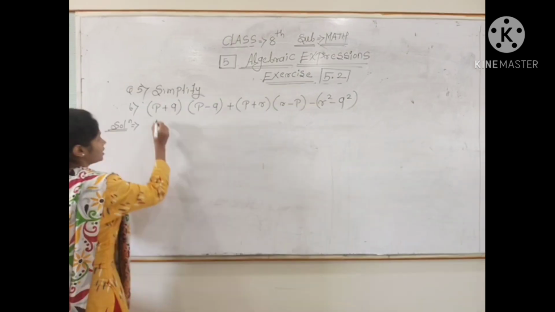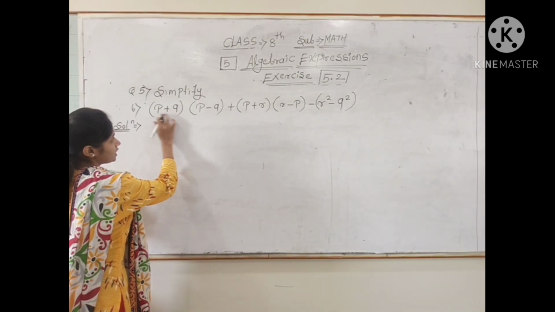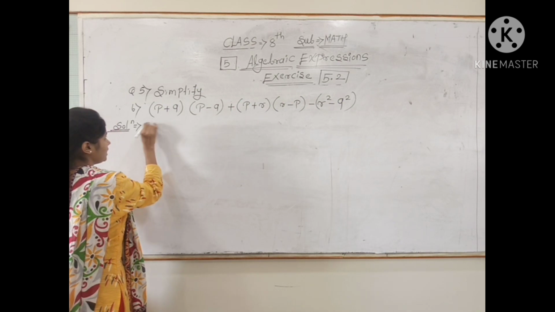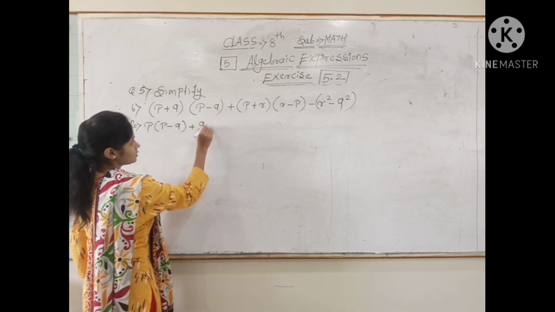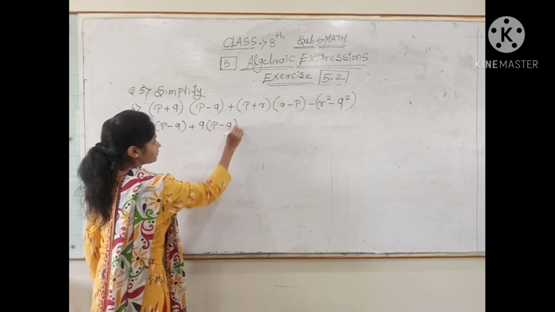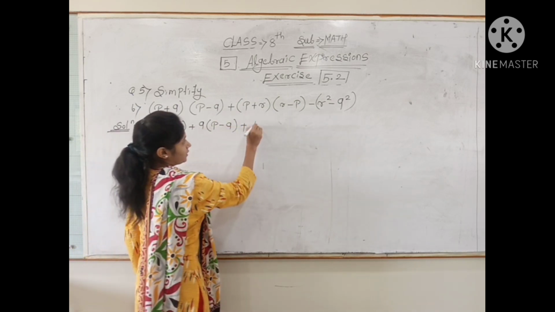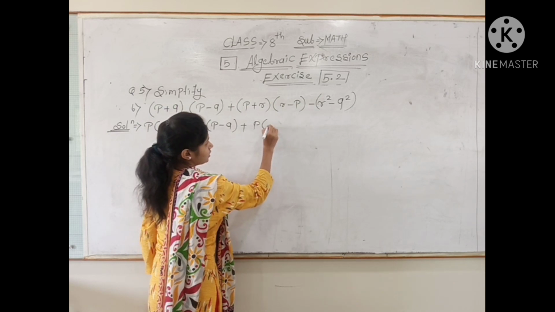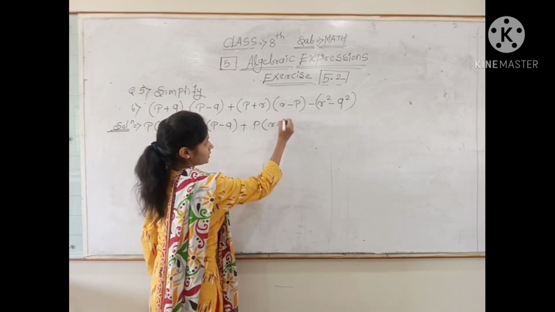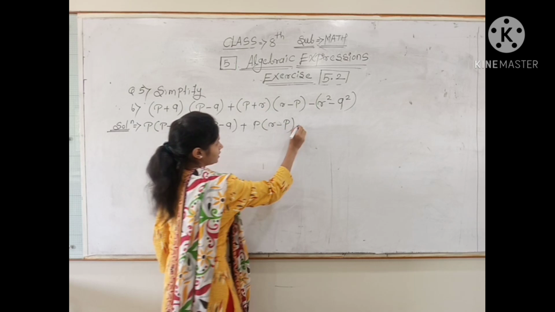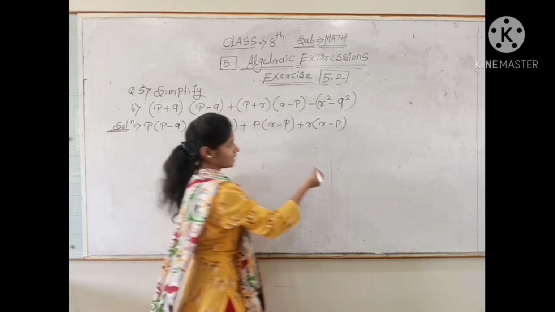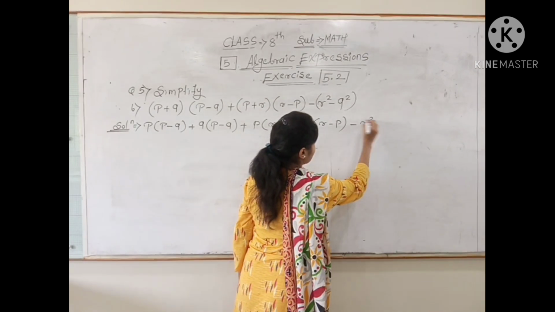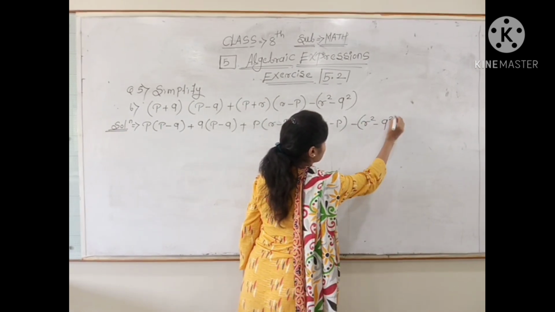Okay, so see here, in P plus Q, P is multiplied first by P minus Q. P is multiplied by P minus Q, plus the second term, Q, is multiplied by P minus Q. Plus again P is multiplied by which expression? R minus P. Then the other term R is multiplied by R minus P. And the last one is R square minus Q square.